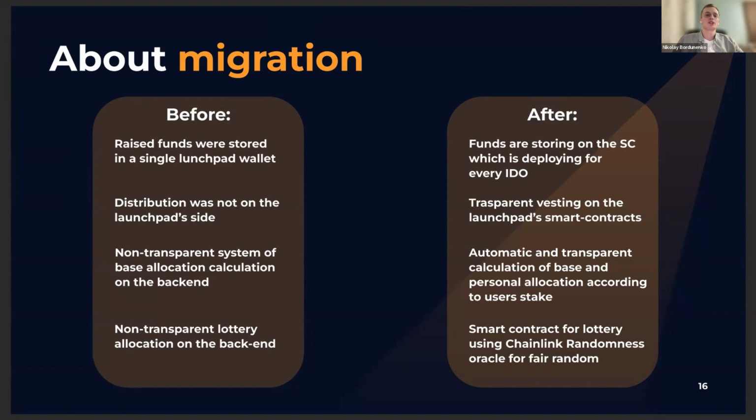So we developed a smart contract factory for them. For each project, it deploys a separate smart contract with customizable vesting parameters. On specific dates, users came to claim tokens according to the vesting schedule.